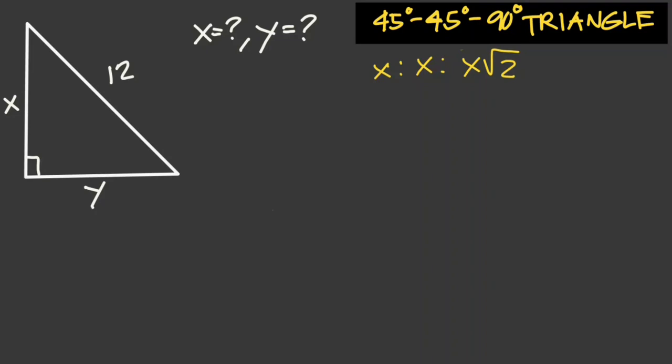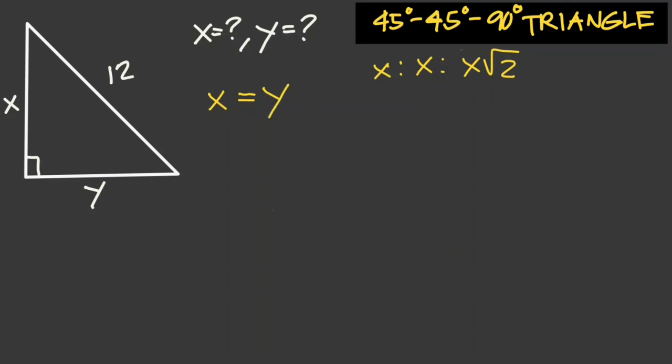To solve for the legs, we just have to divide the hypotenuse by square root of 2. Our hypotenuse here is equal to 12. Our two legs are equal, so that means x is just equal to y.